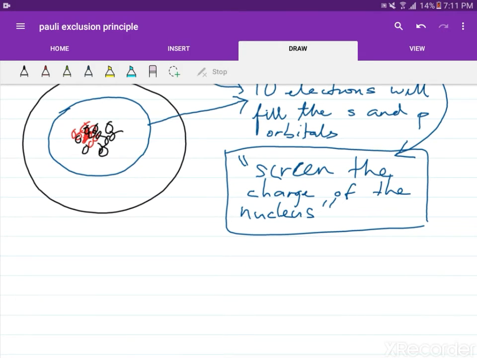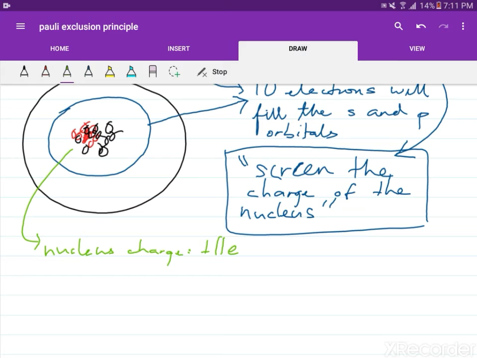So what is the charge of the nucleus? The nucleus has a charge of positive 11e.